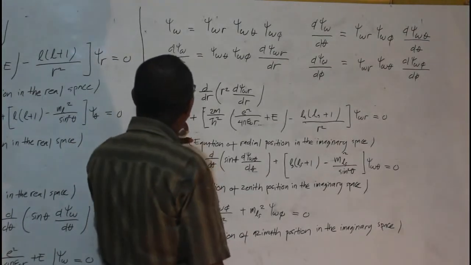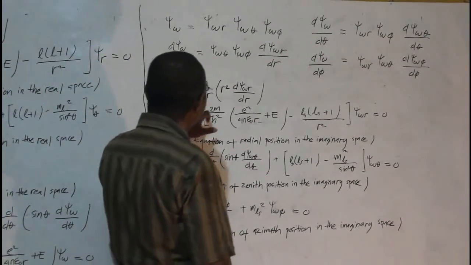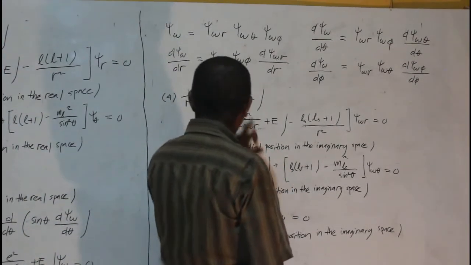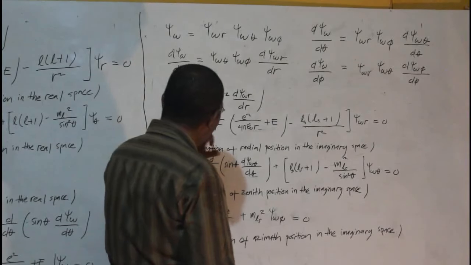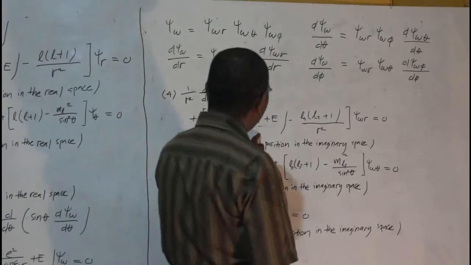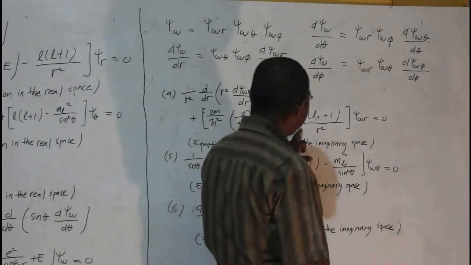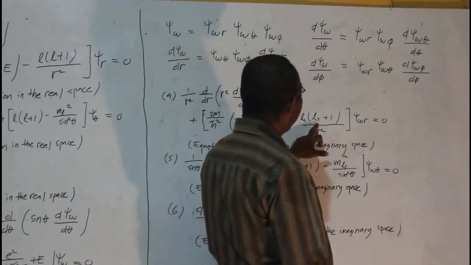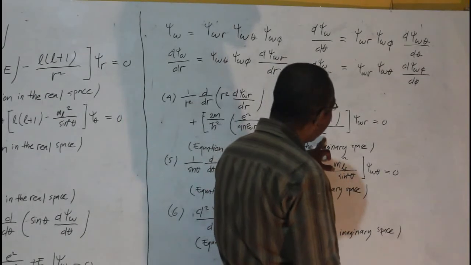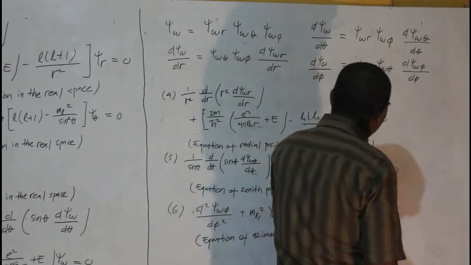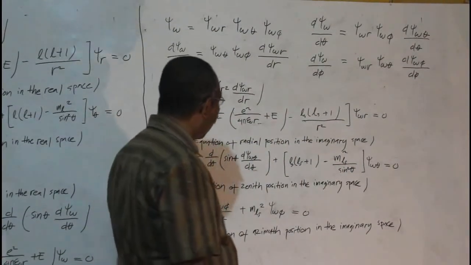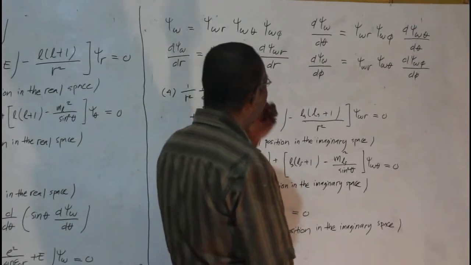Equation 4: 1 over r squared times d over dr of r squared d psi omega r over dr plus 2m over h bar squared times e squared over 4 pi epsilon r plus E minus Ls times Ls plus 1 over r squared times psi omega r equals 0. This is the equation of radial position in the imaginary space.